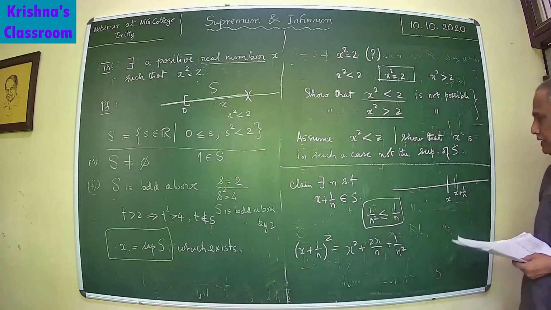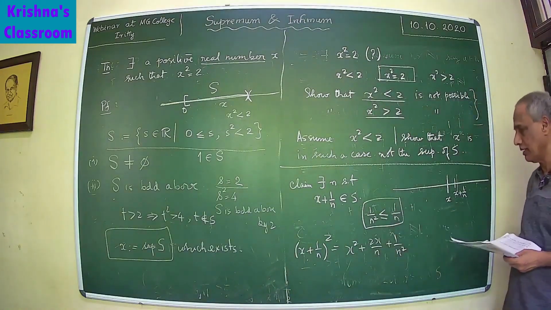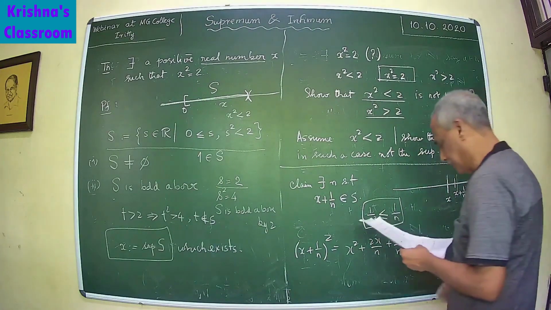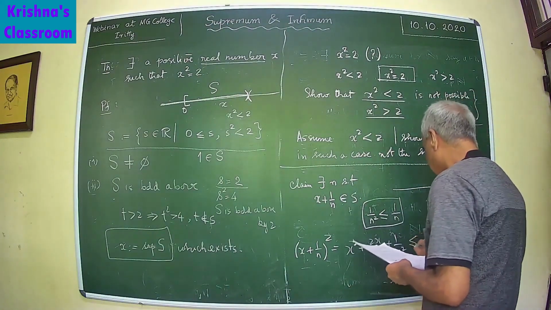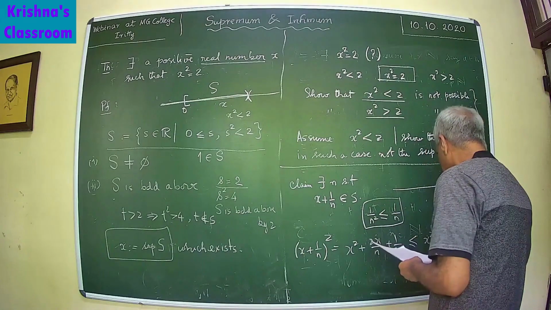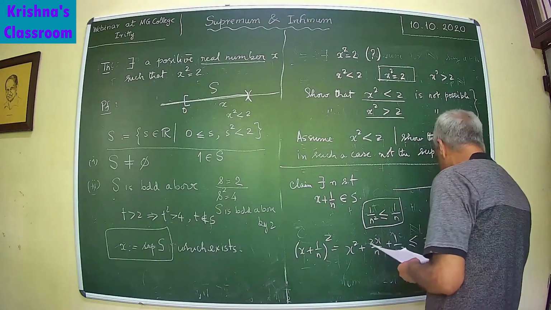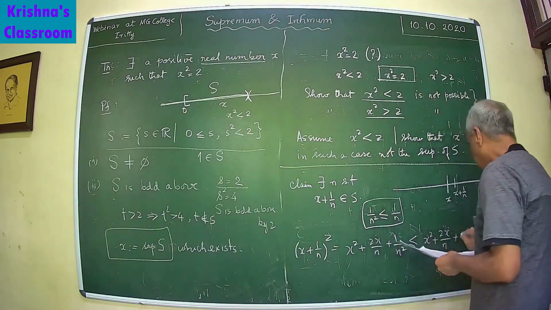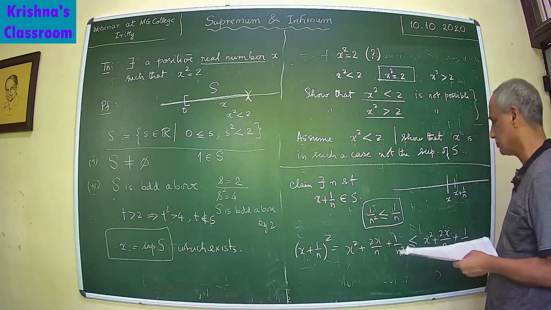Now since 1 by n square is less than 1 by n, this is less than or equal to x square plus 2x by n plus 1 by n.